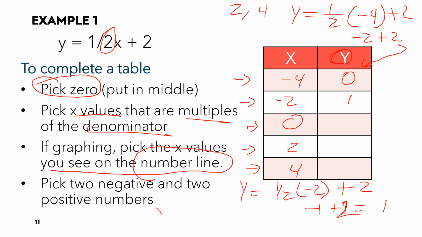We'll do y is equal to 1/2 times 0. We're getting 0 from the table, plus 2 from our equation. Well, what's any number times 0? That's right, that's 0. So y is equal to 2. I want to let you try to figure out these last two on your own, but don't worry. On the next slide, I'll give you the answers and work through those last two with you.